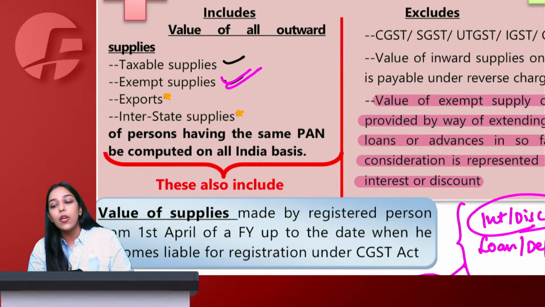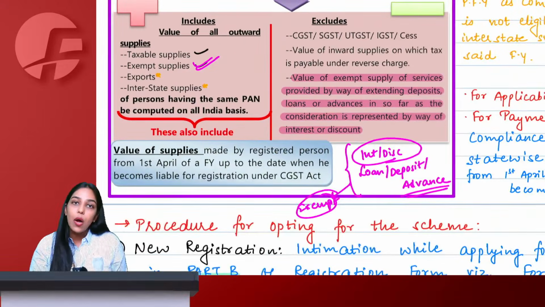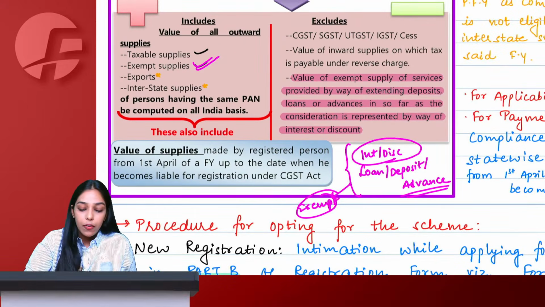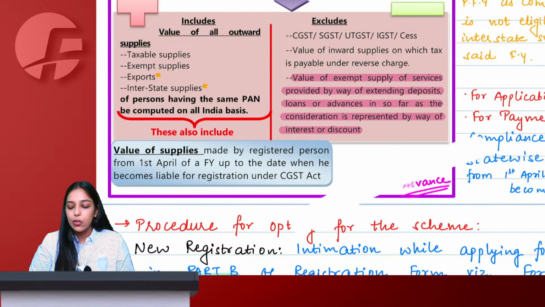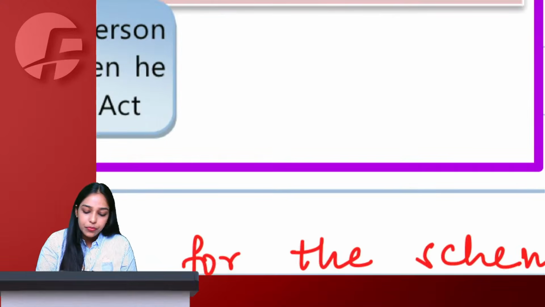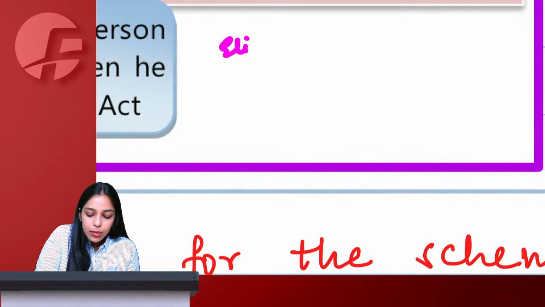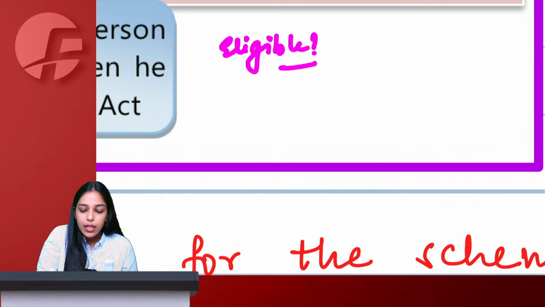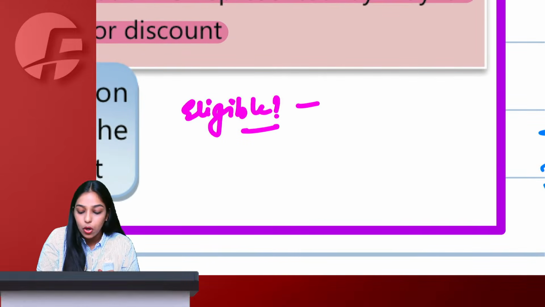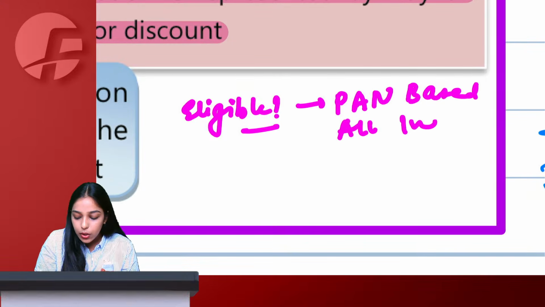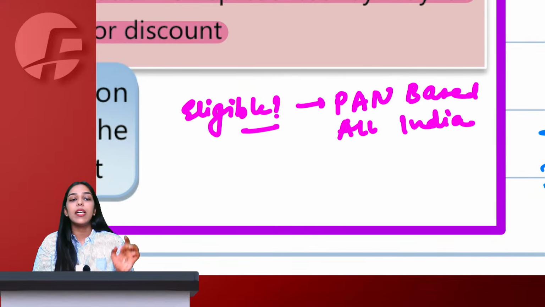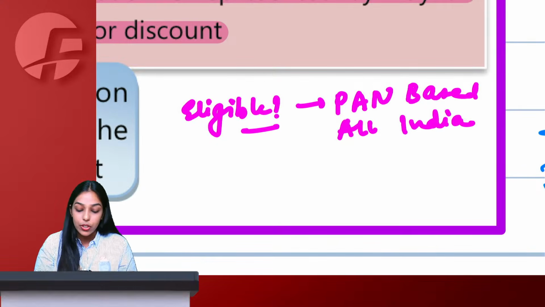Only and only this interest or discount income on loan, deposit, advance will not form part of aggregate turnover of composition scheme. So to check for applicability, whether you are eligible for composition or not, you have to check your PAN based all India turnover. And if your all India turnover is up to the specified limits, then only you can opt for composition scheme.